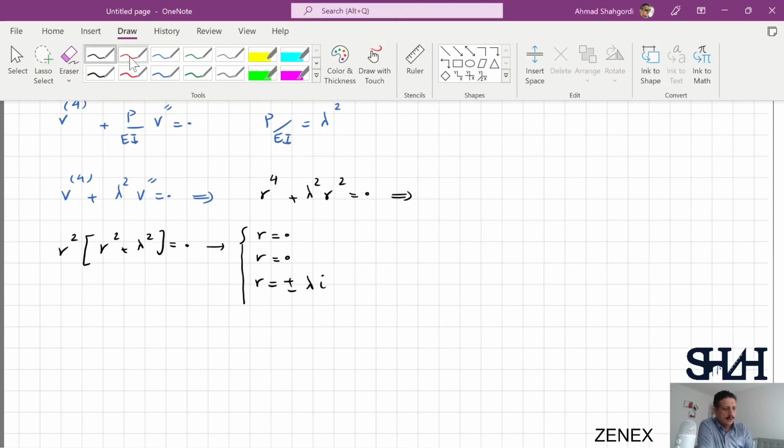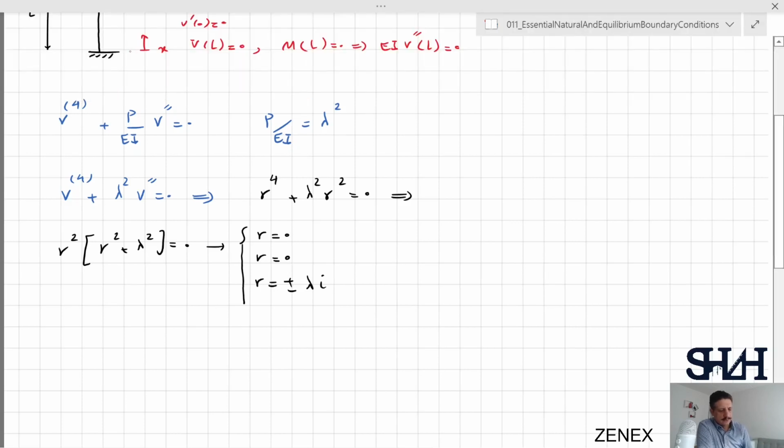And then the homogeneous form of this solution will be, because lambda is a complex number with imaginary part, A sin lambda x plus B cos lambda x. And for the 2 repeated roots of 0, it will be e to the power of 0x times (Cx plus D).